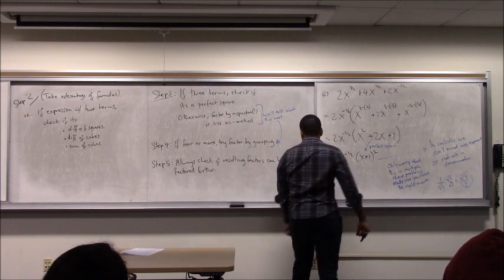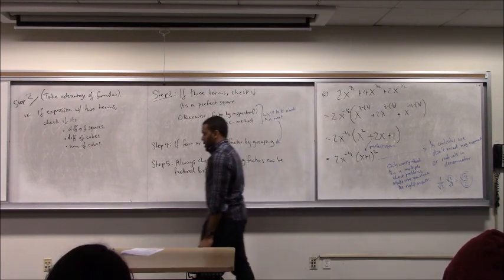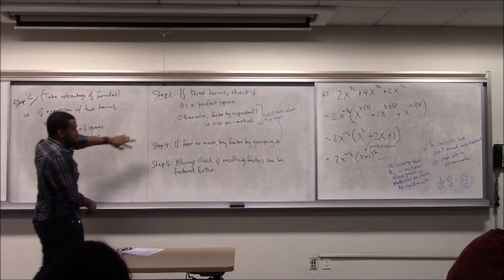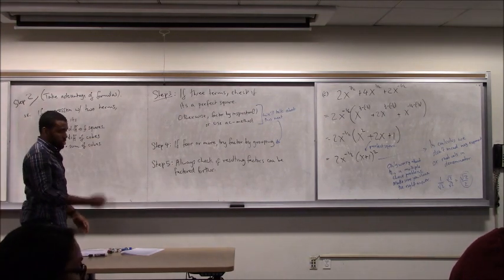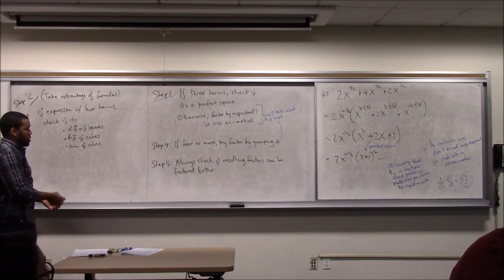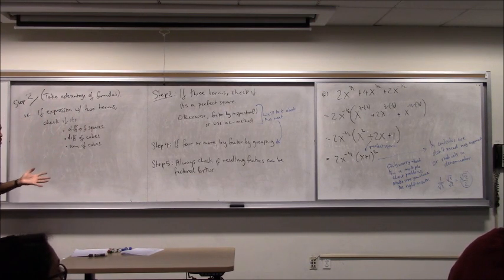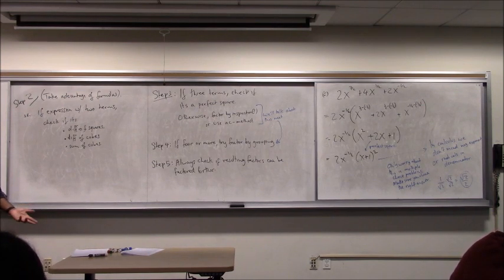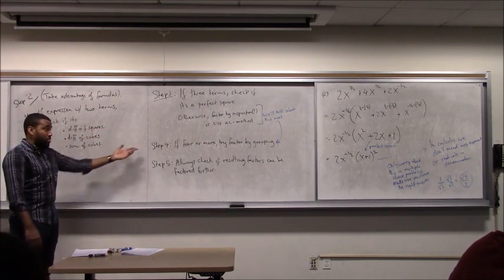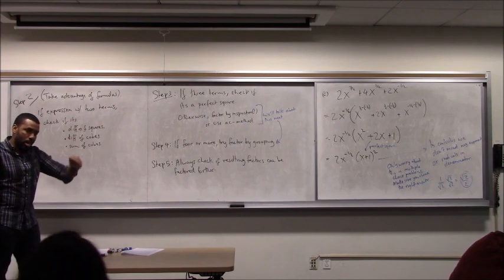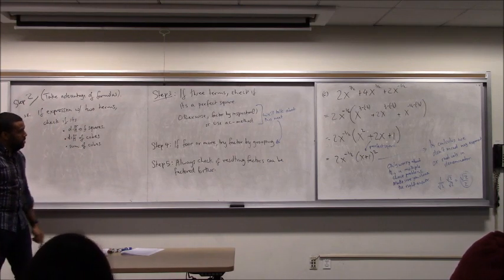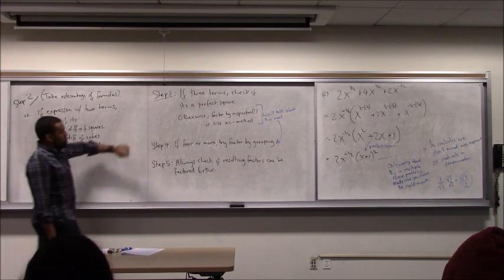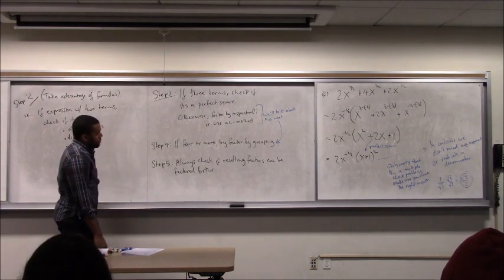So you always want to check for that. These we'll talk about in detail next time, make sure we all remember how to do that. I highly recommend you read through the notes and try to do them on your own. But in general, this is how you approach a factoring problem. First thing you look for, is there a GCF? No. Does it have 2 terms? No. Does it have 3 terms? No. Does it have 4 terms? No. You literally go through these steps in your head, and you apply the rules for each of them. How to do these, we'll talk about next time.